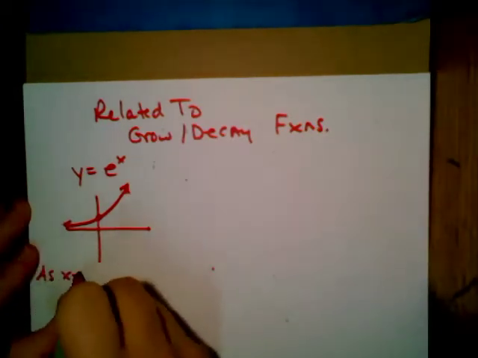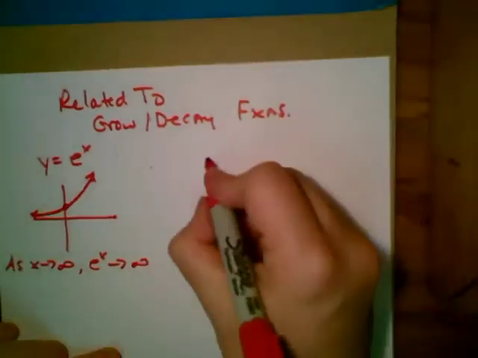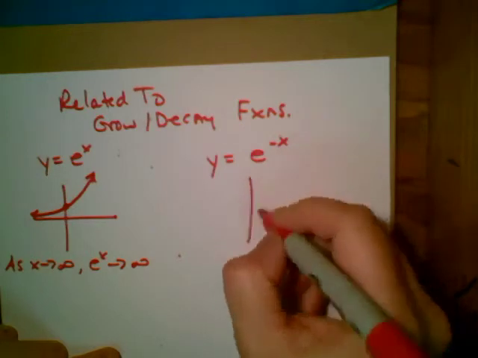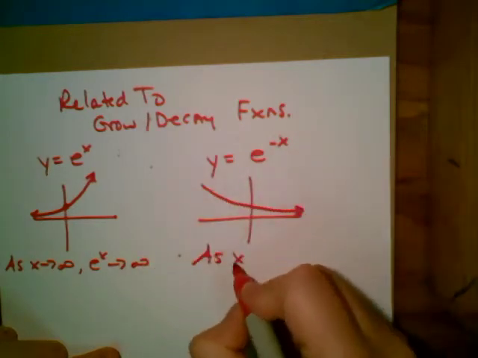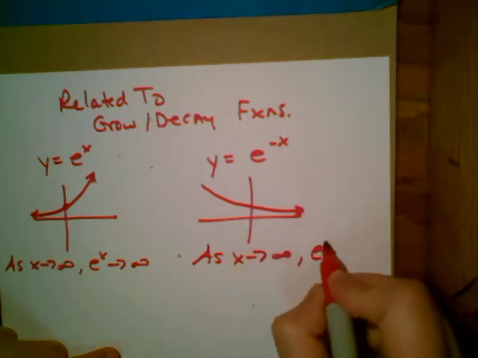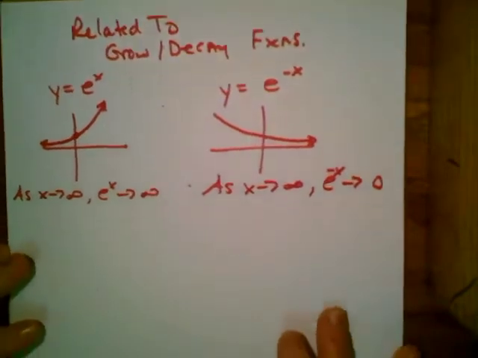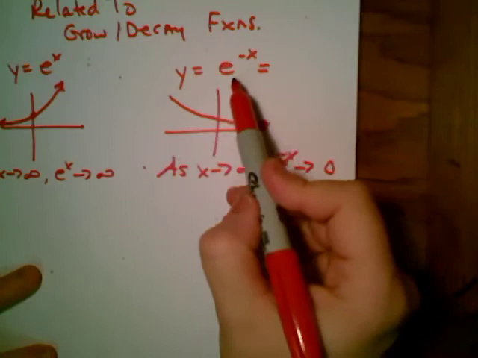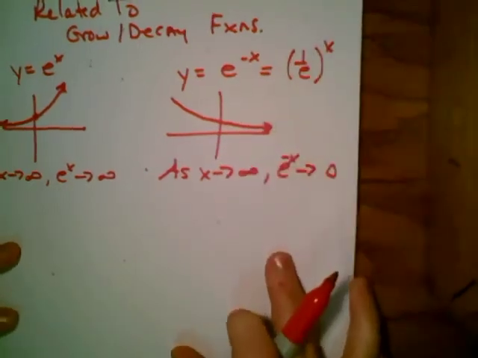So as x goes to infinity, e to the x goes to infinity. On the other hand, e to the negative x is a decay function, and as x goes to infinity, e to the negative x goes to 0. Another way to write e to the negative x would be 1 over e to the x.